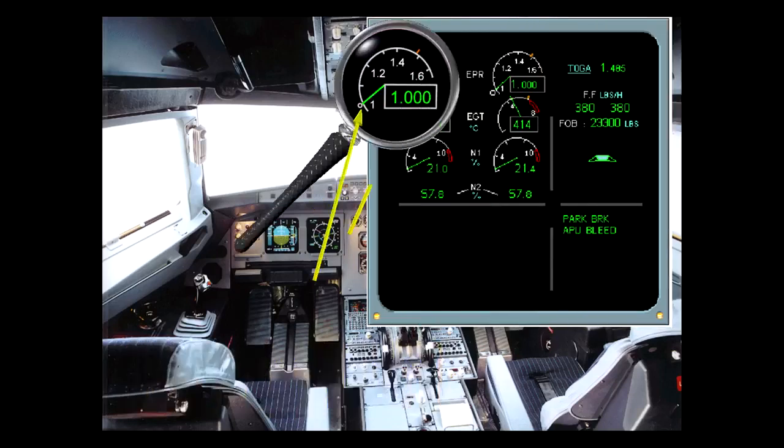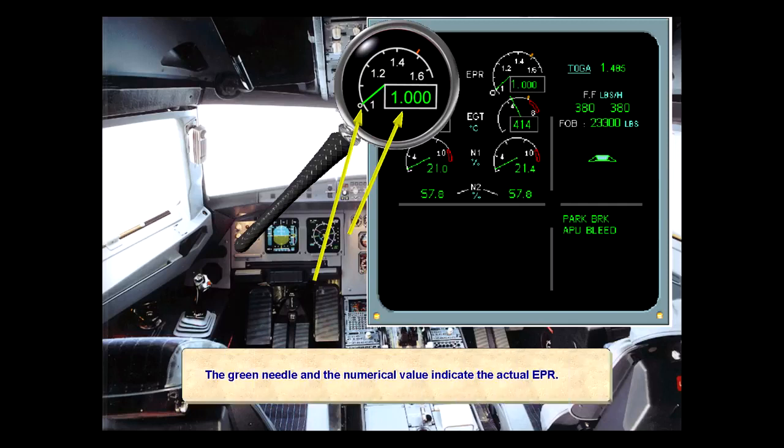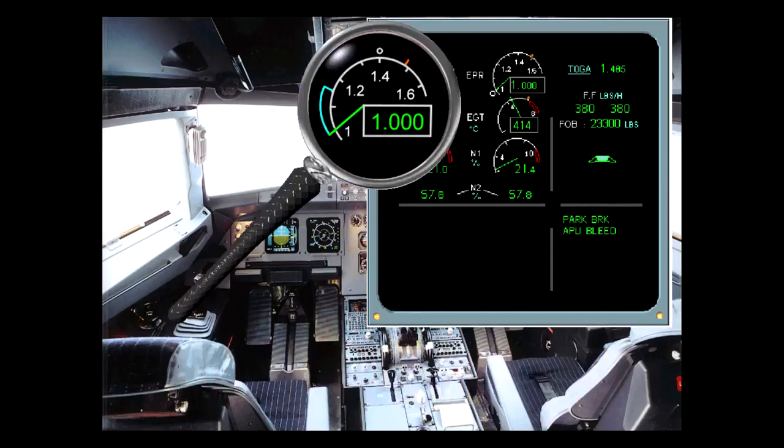The green needle and the numerical value indicate the actual EPR. The blue arc is the EPR command arc. It delineates the transient difference between actual EPR and command EPR, TLA or throttle lever angle. It is present only when the auto throttles are connected.